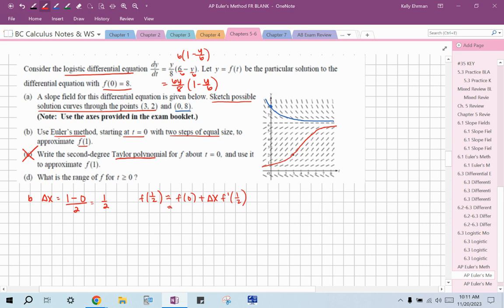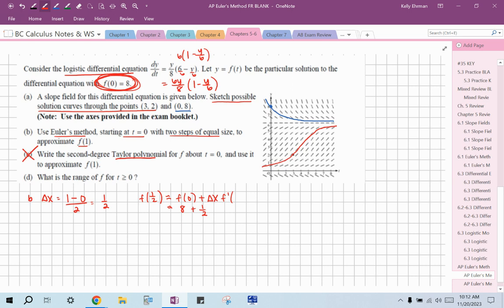F of 0 is given as 8 in this problem. Oh, no, wait. Yeah. F of 0 is 8, so be careful of that. In part A, they gave us this other point, but 0, 8 is at the top of the page. Okay, so f of 0 is 8 plus 1/2, and f prime of 1/2. So we've got to plug in, oh, I'm sorry, it's not f prime of 1/2.